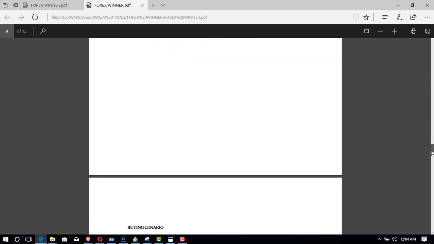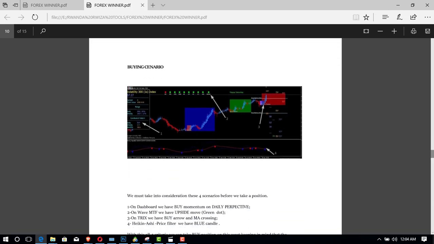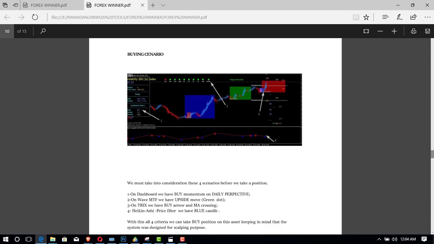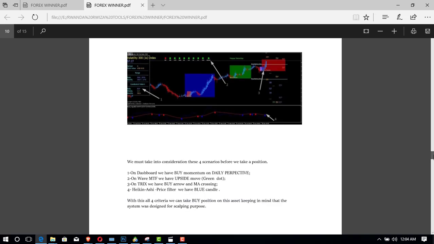In this scenario we have conflicting signals, we have no position, as you see. Okay, so let's continue with scenario number 3.